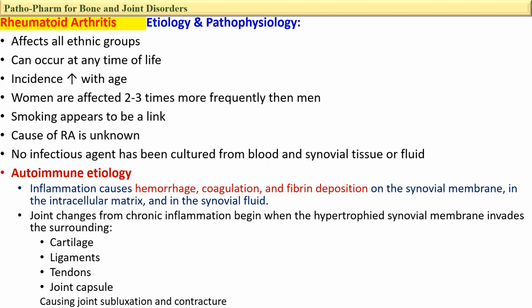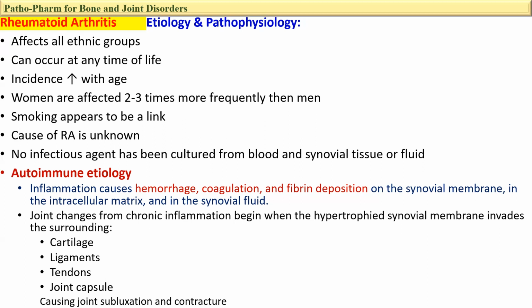So RA is characterized by the presence of autoantibodies, which is rheumatoid factor, RF. The IgG and rheumatoid factor both will form immune complexes, and these complexes will initially deposit in the synovial membrane of the affected joints.